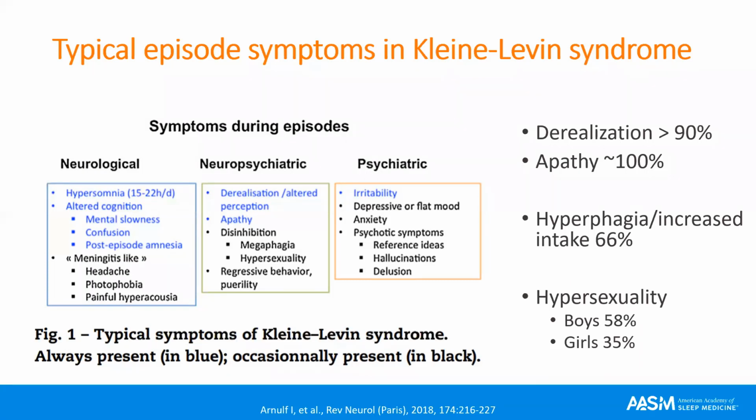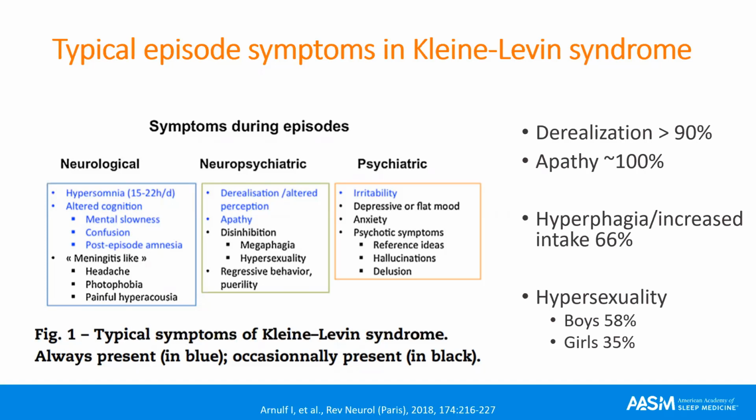Hyperphagia or increased food intake during a Klein-Levin spell happens in about 2/3 of people. Hypersexuality is present in about 58% of boys, only about 1/3 of girls. And so those things can happen, but the absence of them should not rule out a diagnosis of Klein-Levin. On the other hand, what we have come to realize is nearly universal, or certainly very common, are the symptoms of derealization.